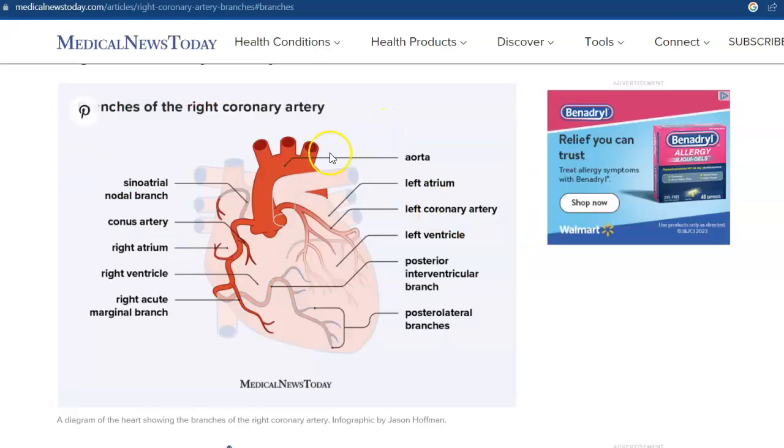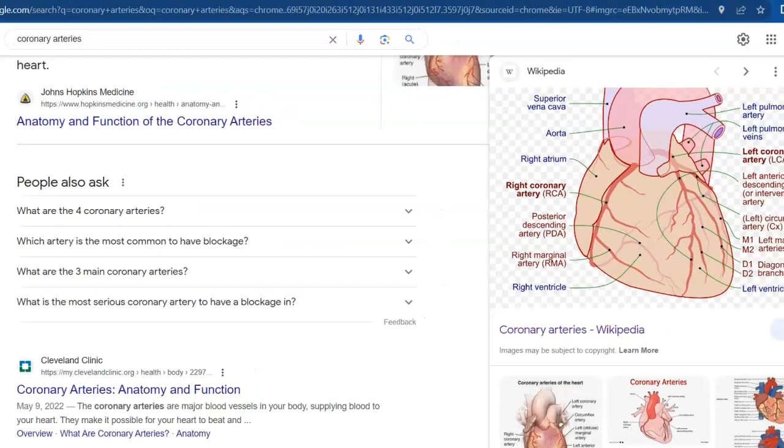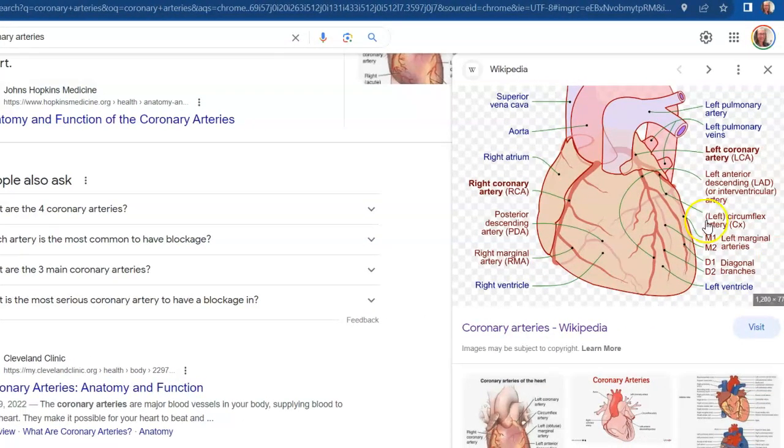Okay, branches of the right coronary artery, quick review. Here is the right coronary artery with that conus artery coming off of it. Left coronary artery. And then we have here, I brought up this picture because I believe this has left anterior descending.